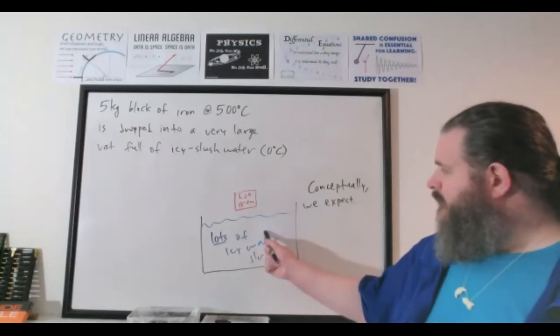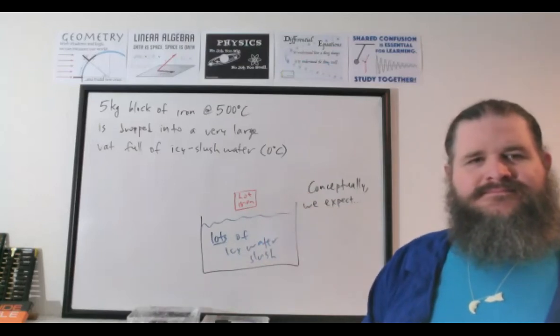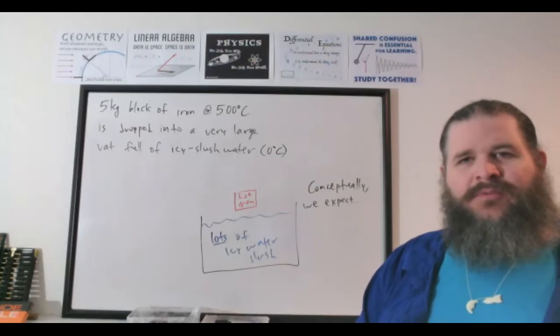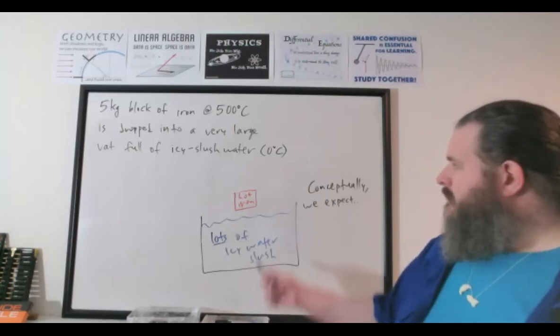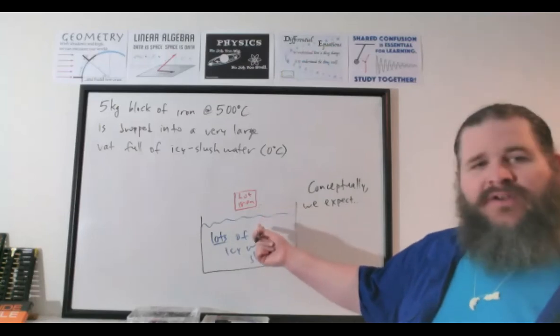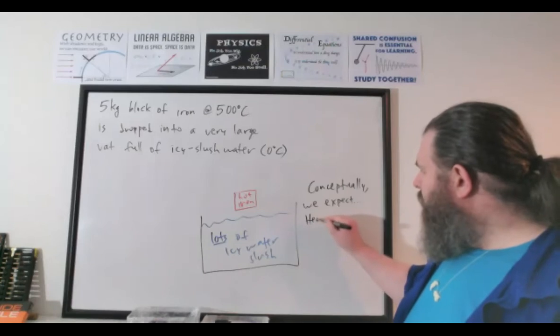If we've got cold water slush and hot iron, what happens when you put together a very hot object and a very cold object? Yeah, heat is the flow of energy from a high temperature object to a low temperature object.